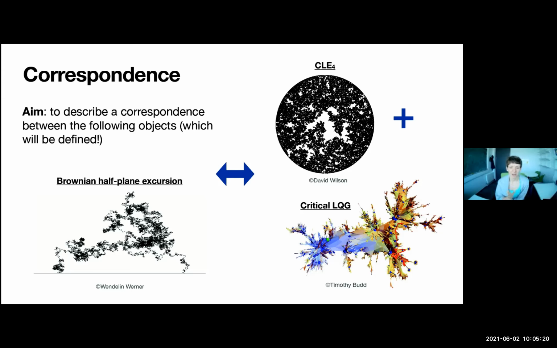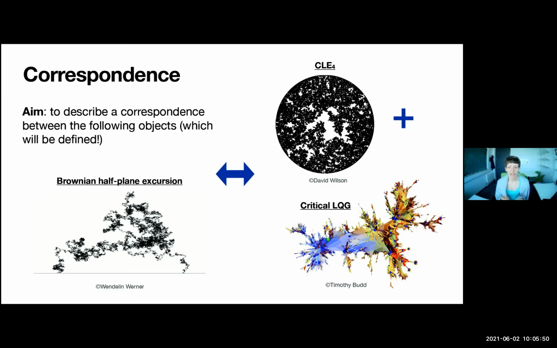Okay, so I'm going to describe what these objects actually are very shortly, but the main message I want to get across in this talk is that we are able to construct a correspondence or a coupling between the objects on the right, which are very intrinsically interesting for many reasons, but a priori potentially quite complicated to understand, and the object on the left, which is hopefully much more familiar to people.